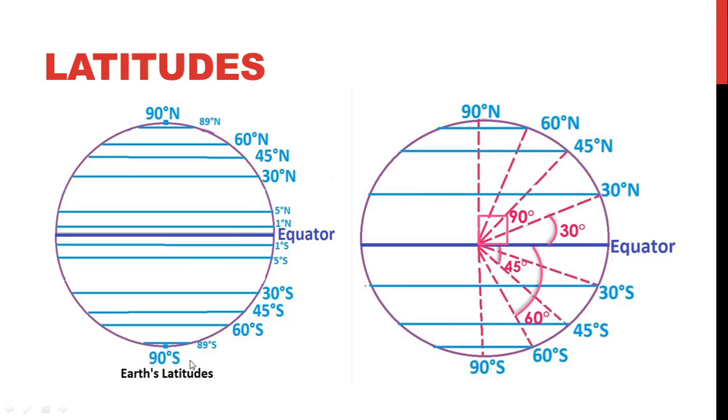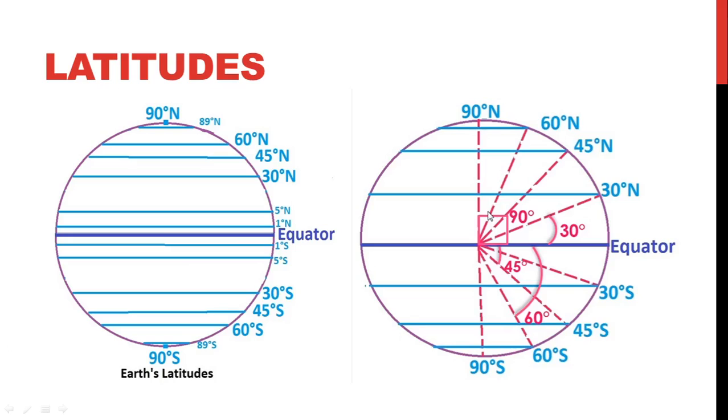They are the angular distance from the equator. Look at the diagram. 30 degree latitude. 30 degree latitude is the angular distance of 30 degrees. Now 90 degree latitude in Northern Hemisphere, it is the angle of 90 degrees.